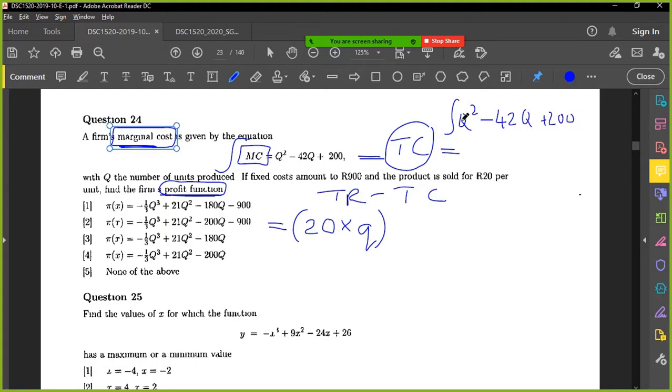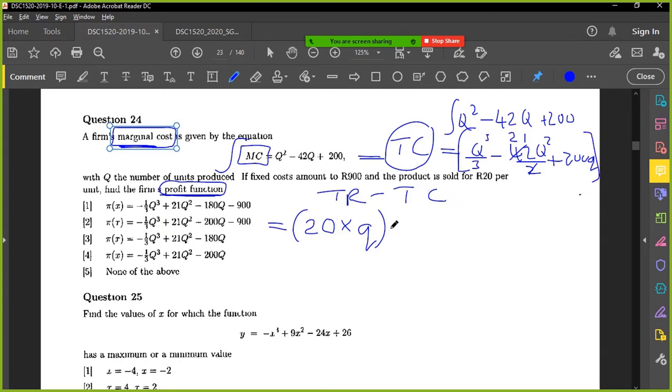Okay, so to integrate this, I'll have Q to the 3 over 3 minus 42 times Q squared over 2 plus 200Q. Does that make sense? Yes. And then obviously divide here, so 21. So that gives me the total cost function.